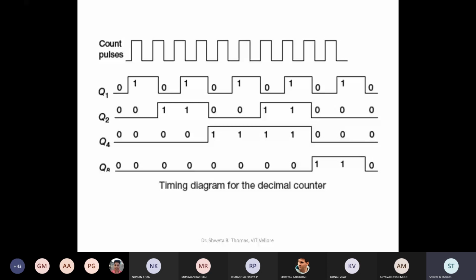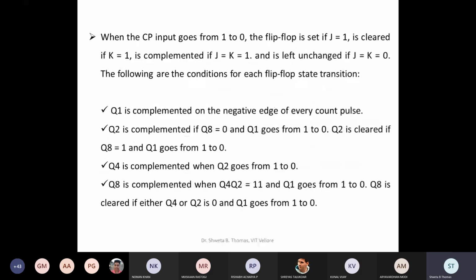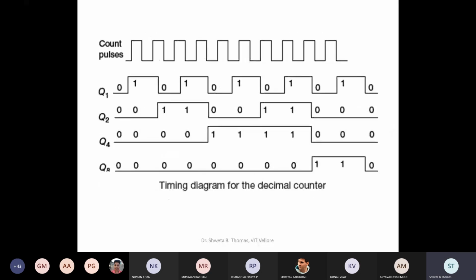But be very careful. You have to write all the values step by step. Don't miss any single step. This is very important.